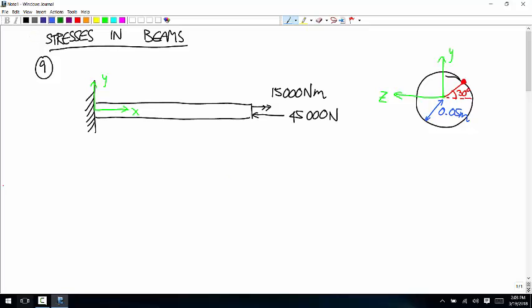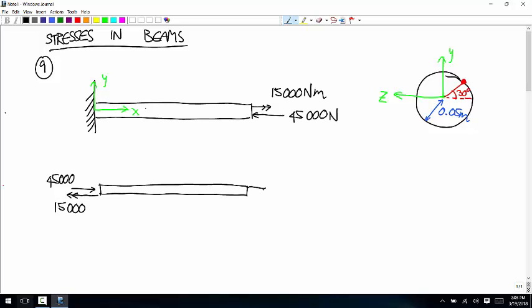If you calculate the internal loads, well, first calculate the external loads. You get a force from the wall of 45,000 newtons this way, and a torque of 15,000 this way. Balance these.